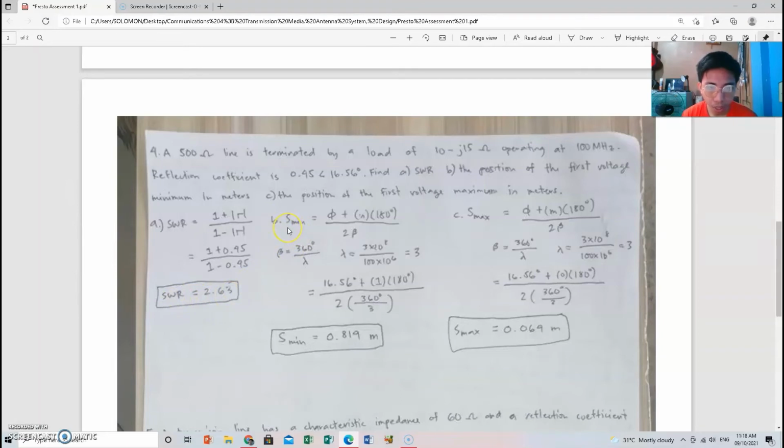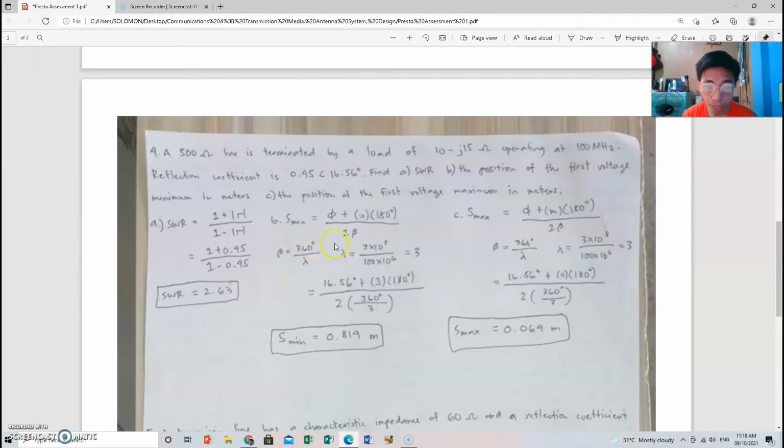Next, the S sub minimum is equal to the angle phi plus quantity n multiplied by 180 degrees, all over 2 beta. We find beta as equal to 360 degrees over the wavelength.